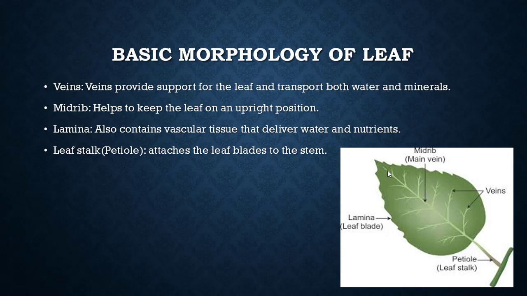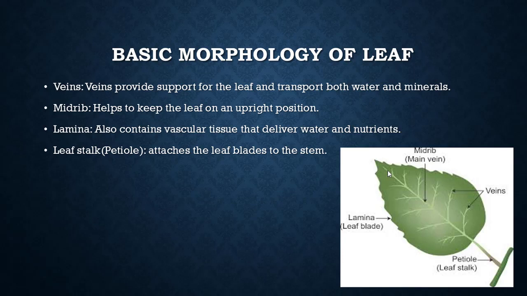Veins provide support for the leaf and transport both water and minerals throughout the leaf. Then there is the midrib, also known as the main vein. It helps keep the leaf in an upright position, straight or whatever position it is in.